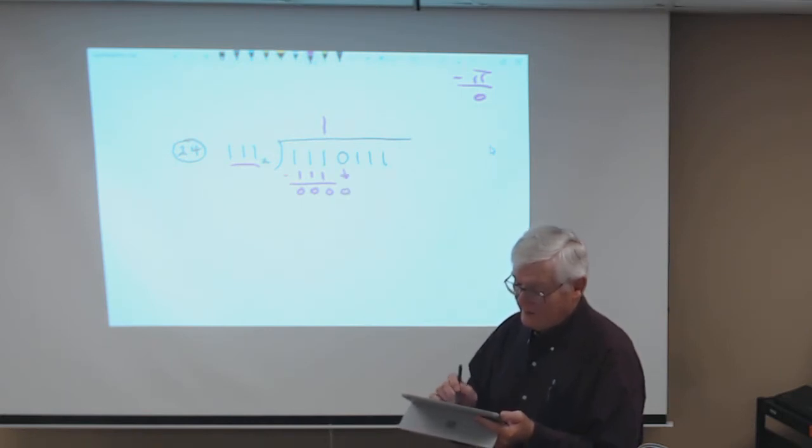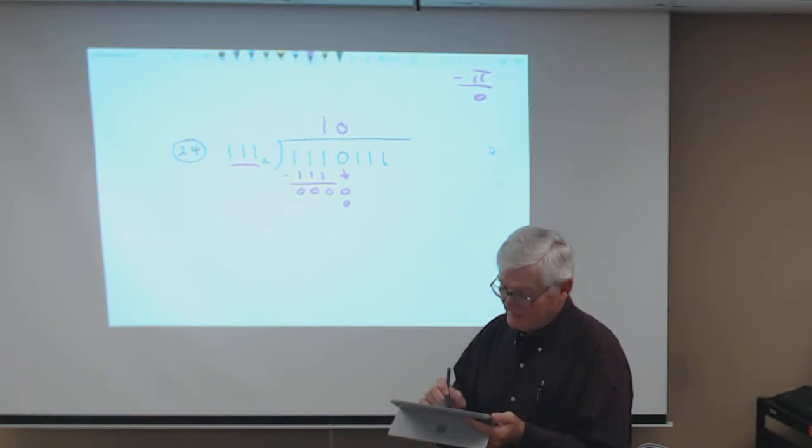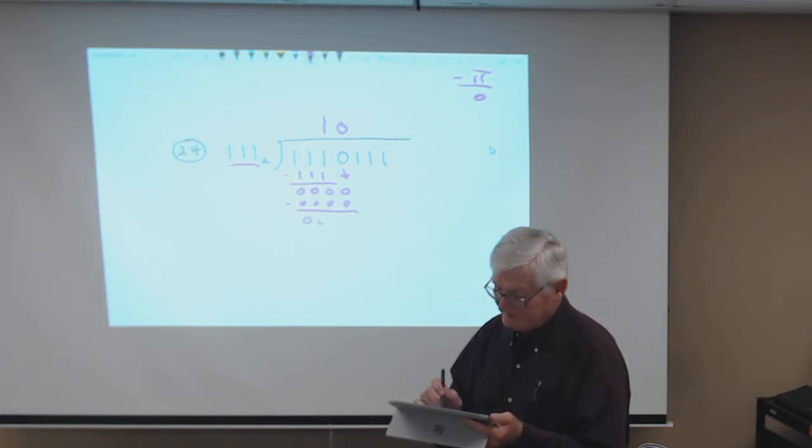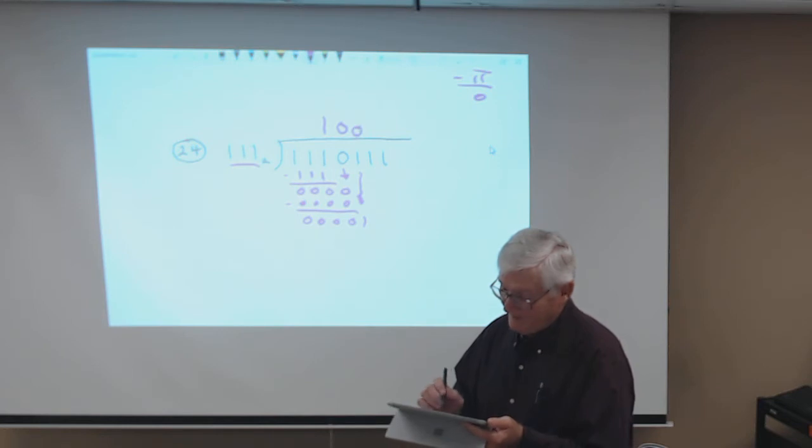What's 111 into 0, 0? Bring down a row of zeros. Subtract. I get a row of zeros. Bring down another one. What's 111 into this? 0. Bring down a row of zeros. Subtract.